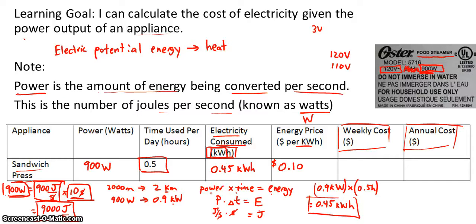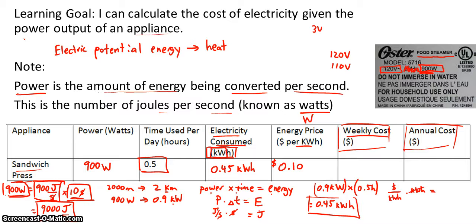So if you look at the units here, we have 10 cents per kilowatt hour. So I have dollars per kilowatt hour. So if I want to find out how much it costs, all I have to do is multiply this ratio, or 10 cents per kilowatt hour, times the number of kilowatt hours that I use it for the week, for example.